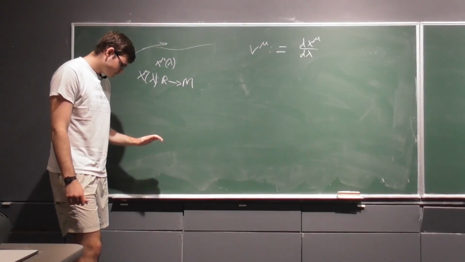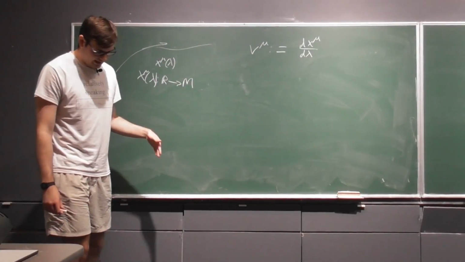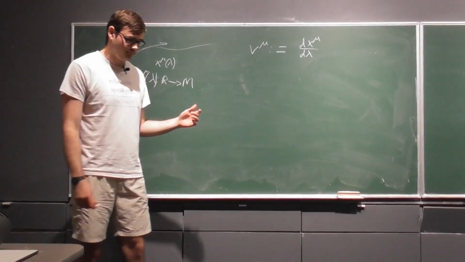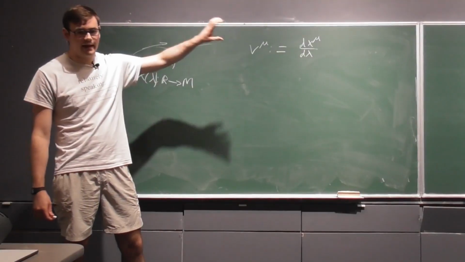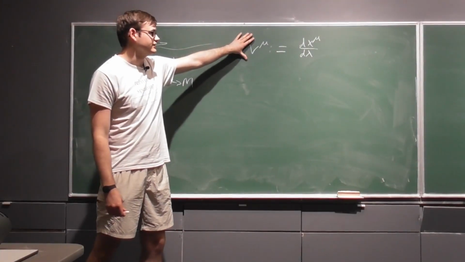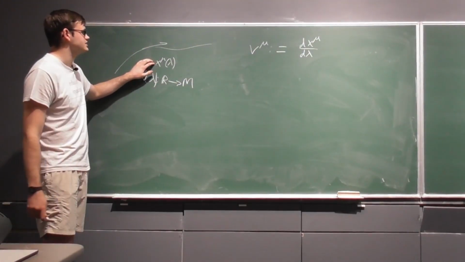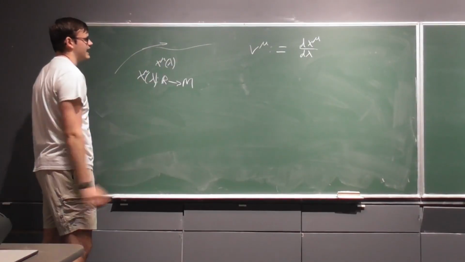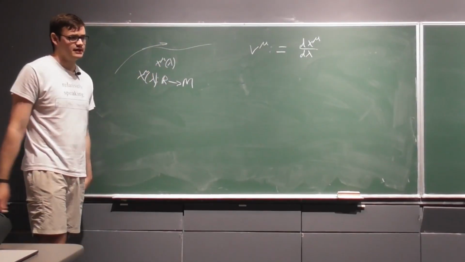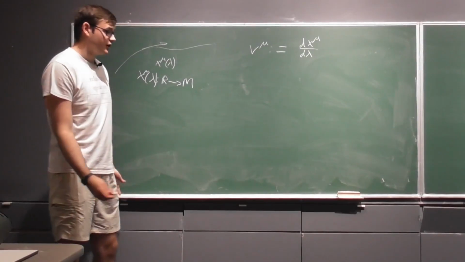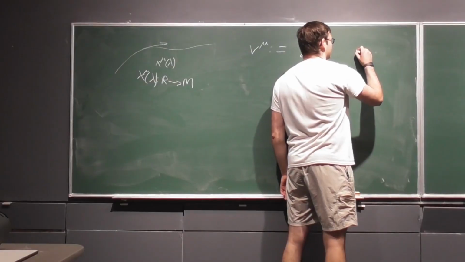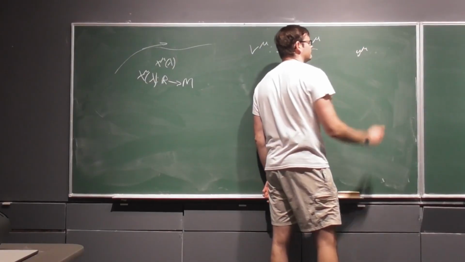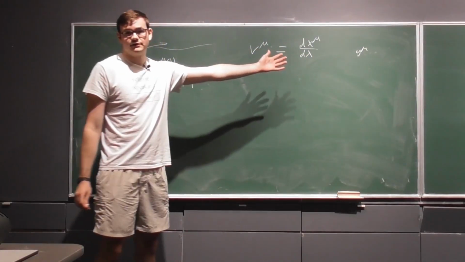So now, if we are being humans and dealing with these components of vectors, we're going to have to figure out how these transform. Here I was using a set of coordinates x. This could be like my x, y, z, and t. But I could also pick some other coordinate system, call it y. This could be like my spherical coordinates.